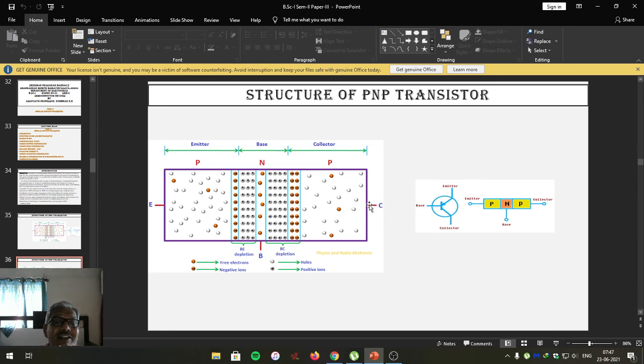It is used to collect the charge carriers emitted by the emitter. In a PNP transistor, it collects the holes. In between two P regions, the N region is lightly doped with less area, and that is known as the base, from which the ohmic contact is again taken. Thus, it has three terminals: emitter, base, and collector.